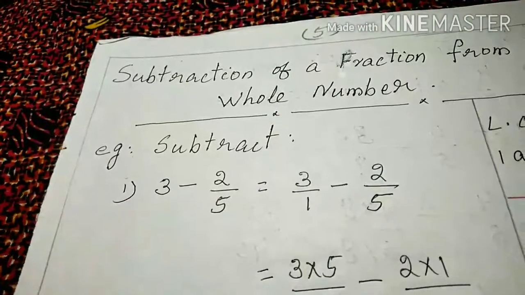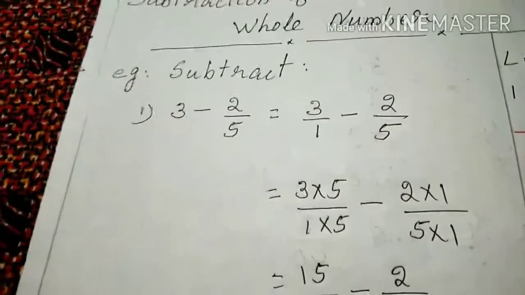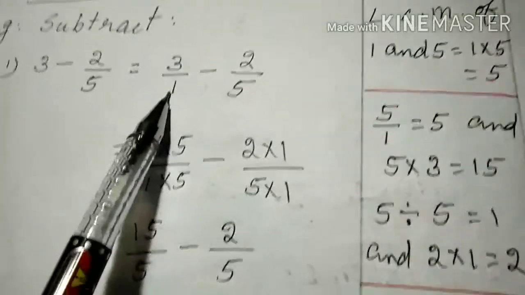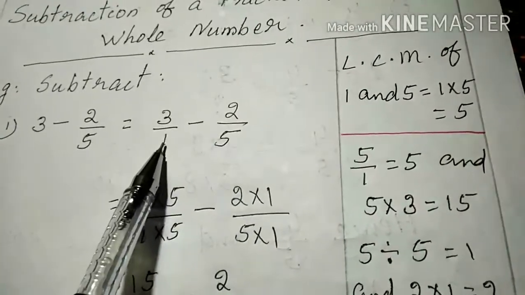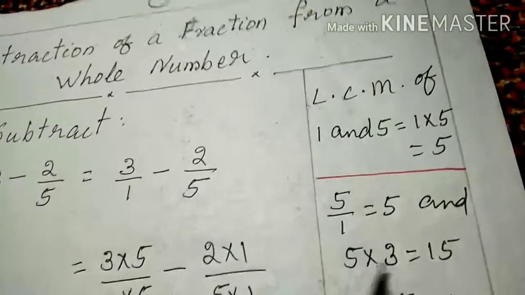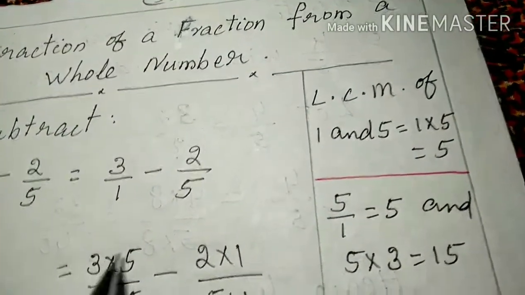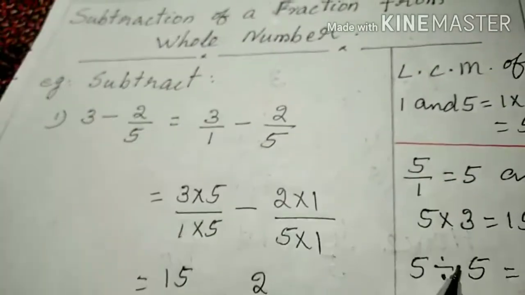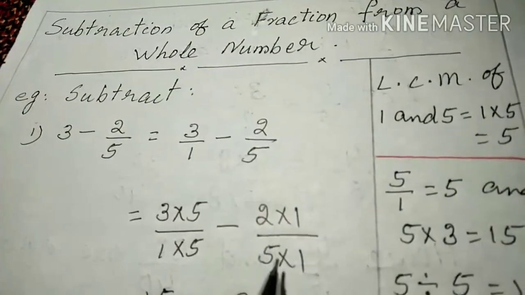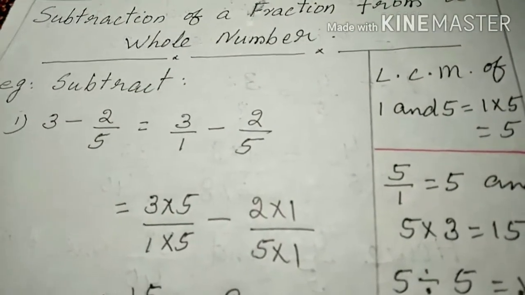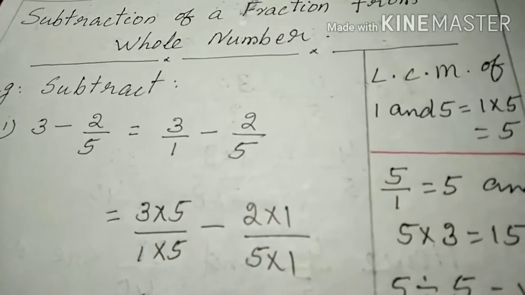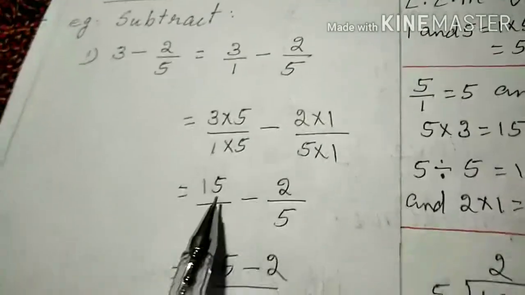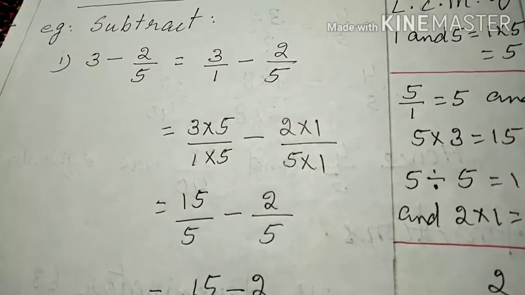Therefore, after finding the LCM, divide the LCM by the denominator of the first fraction, that is 1. 5 by 1 is equal to 5, and multiply with the numerator, 3 into 5. Then divide 5 by 5, the denominator of the second fraction, we are getting 1, and multiply with the numerator. Therefore, 3 by 1 minus 2 by 5 is equal to 15 by 5 minus 2 by 5.